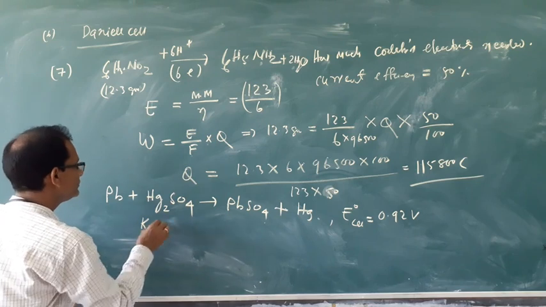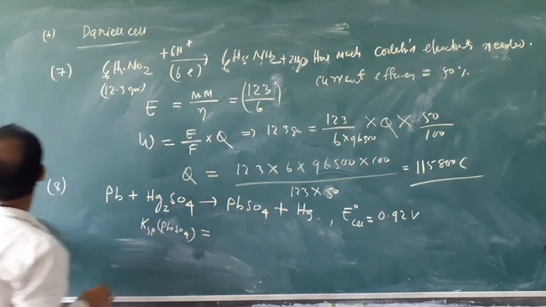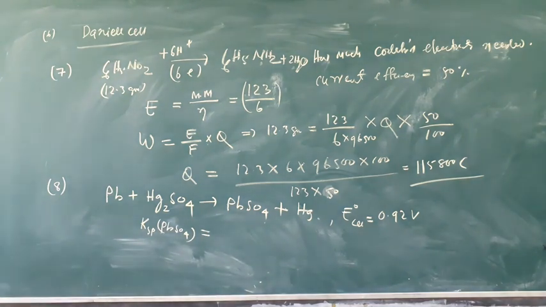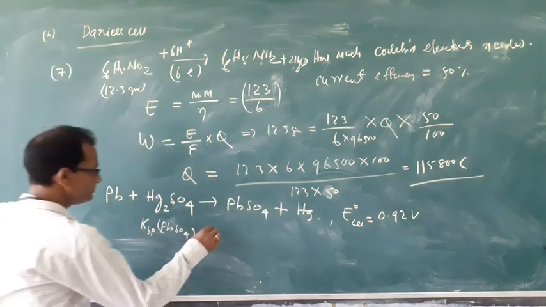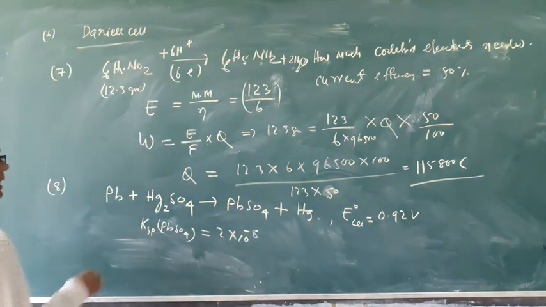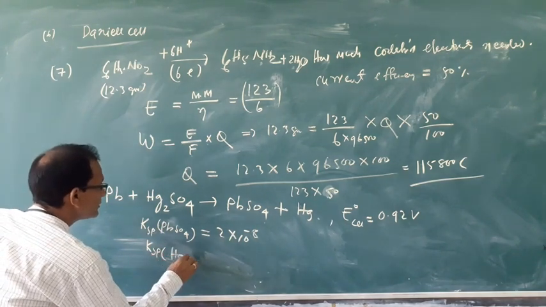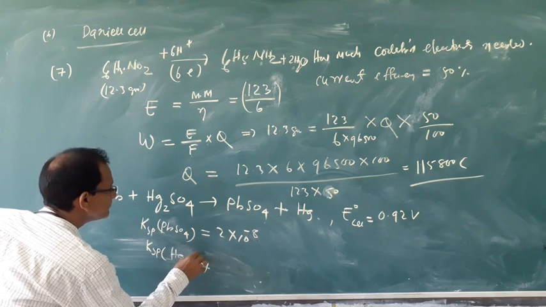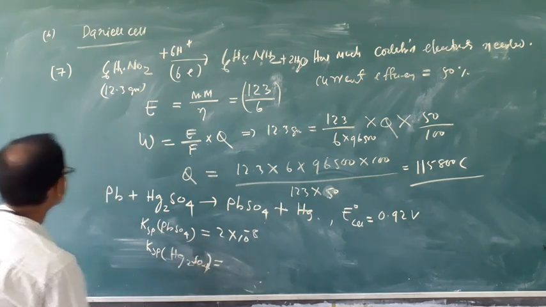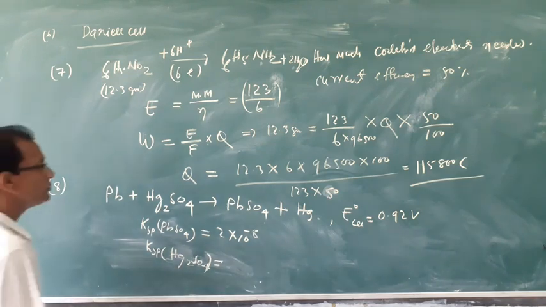KSP of PbSO4 is already given: for PbSO4, the solubility product is 2 into 10 to the power minus 8, and the KSP of mercurous sulfate is given, that is only 10 to the power minus 6.